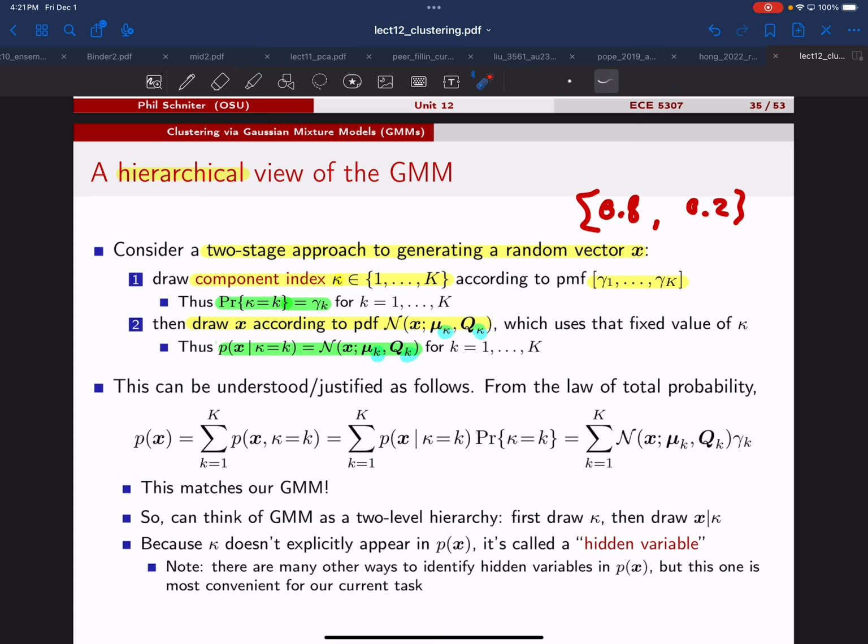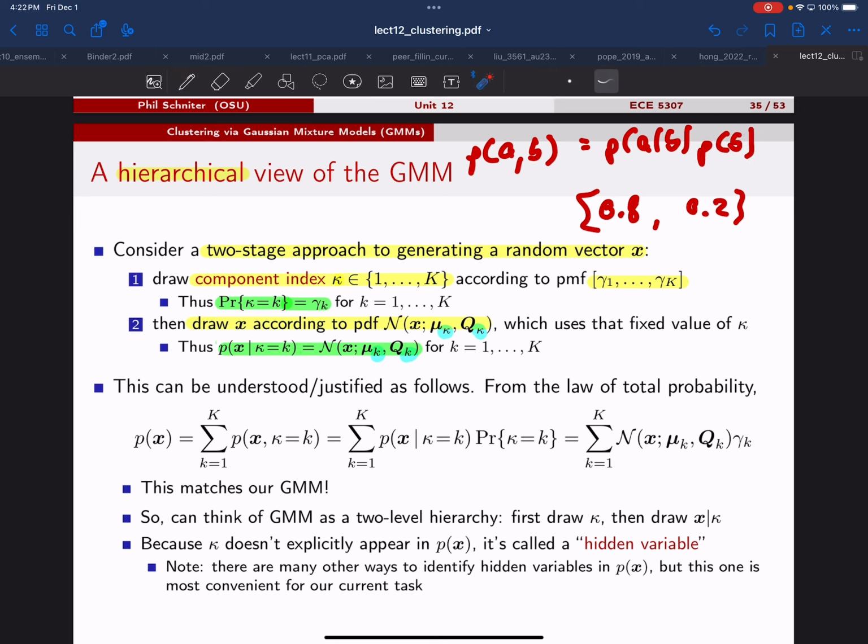If we want to use this back in the definition of p(x), we can see that it all works out exactly as we're saying. For any p(x), if you add another random variable, so you have the joint p(x, kappa), and you sum over all the possibilities of kappa, that gives you back p(x). We call this the law of total probability. Second, anytime you have p(a, b), you can write this as p(a given b) times p(b).